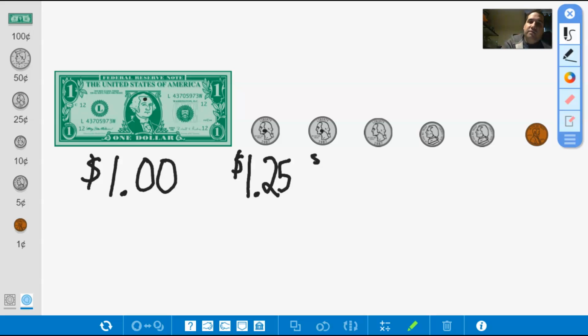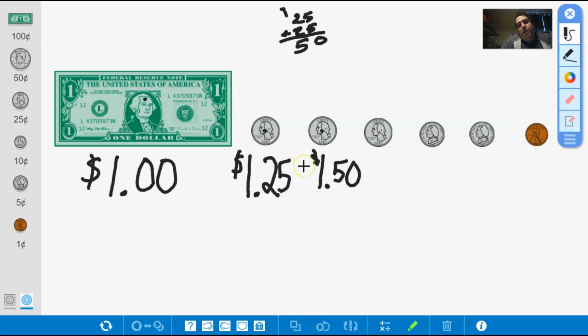And remember, I said before, if you forget, just write a little math problem up above. 5 plus 5 is 10, carry the 1. 1 plus 2 is 3, 3 plus 2 is 5. So it's $1, decimal point, 50. That's $1.50.